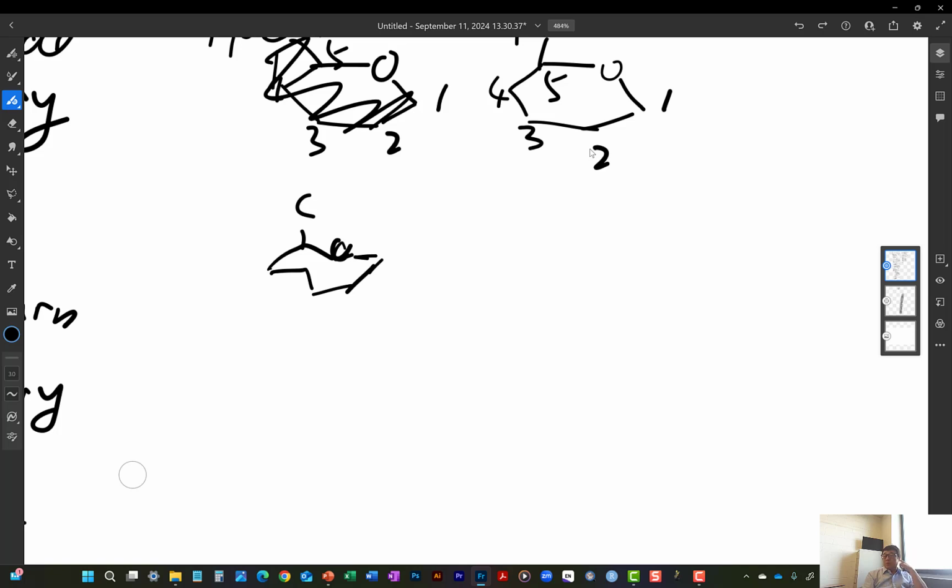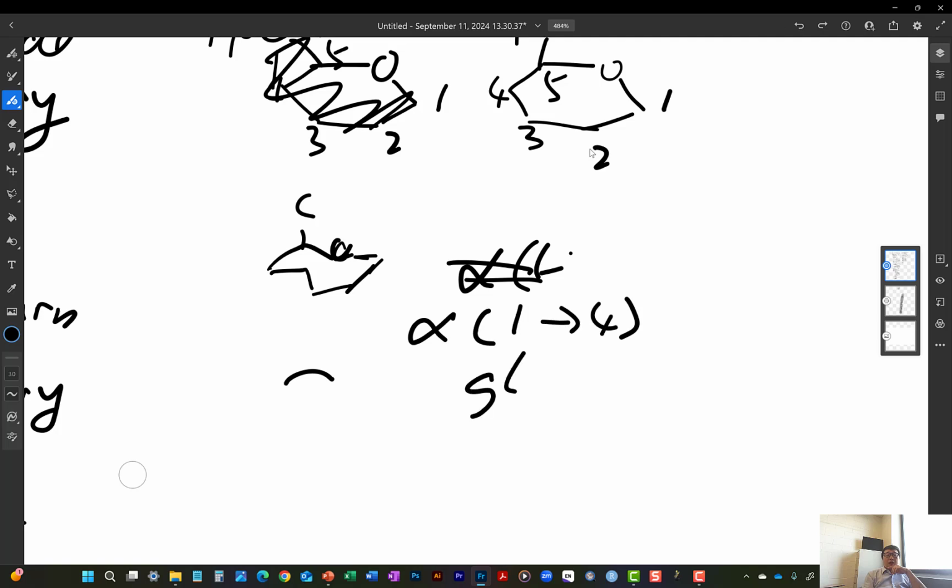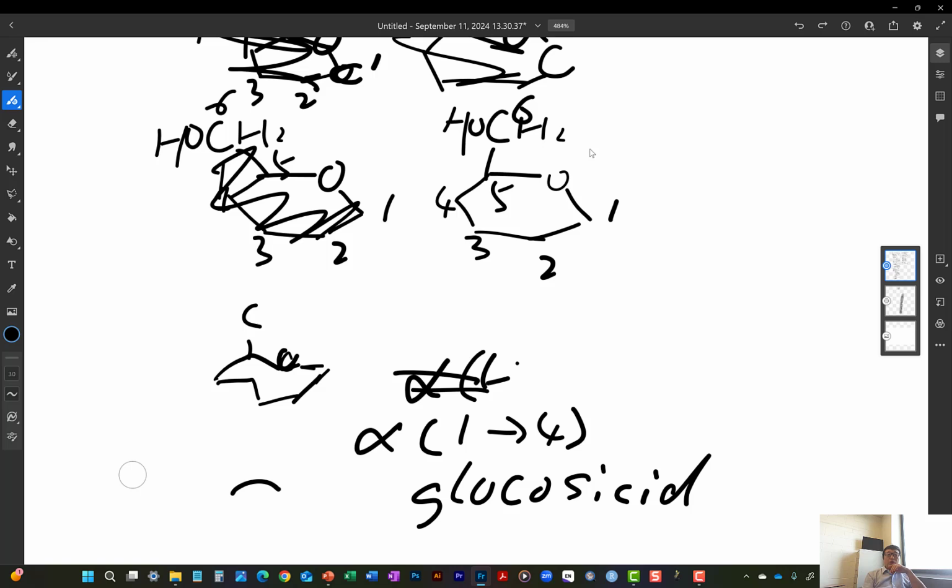It's curved. The glucose units in starch are joined by an alpha 1,4 glycosidic bond, which means carbon 1 of one glucose is connected to carbon 4 of another glucose, and they are facing the same direction.